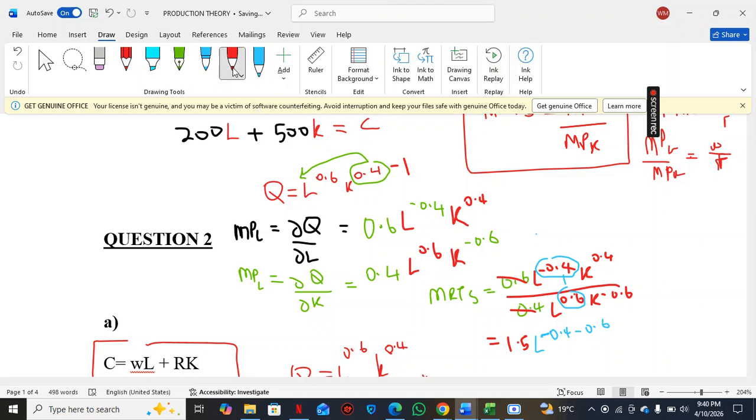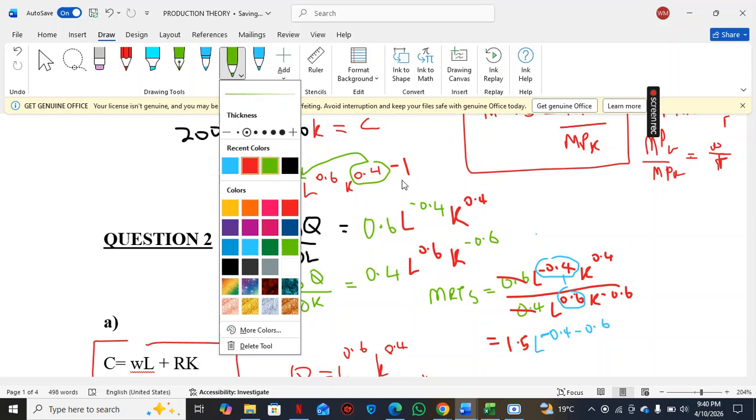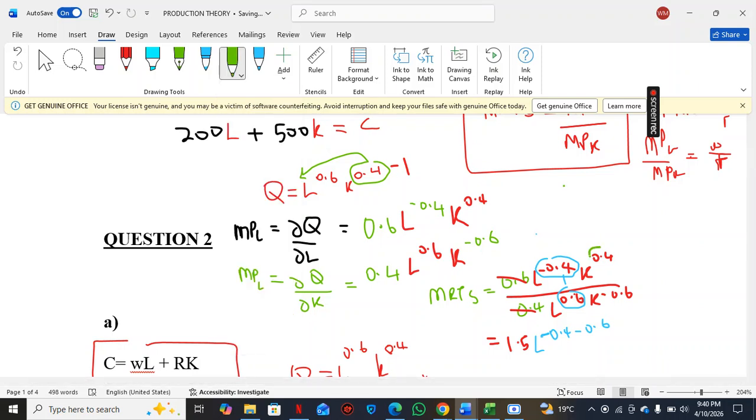We also do the same thing for K. You're subtracting the exponents, so you say 0.4 minus negative 0.6.